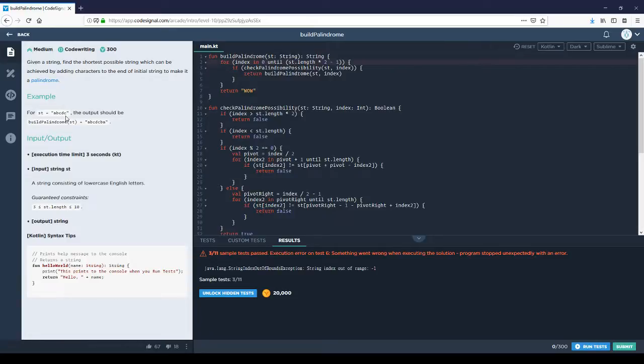And that would be 0 until string.length times 2 minus 2, if we're taking this as 0.